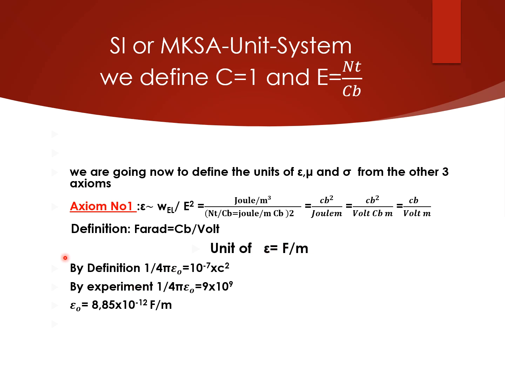And by experiment, we have epsilon naught equals 8.85 times 10 to the minus 12 farad over meter.